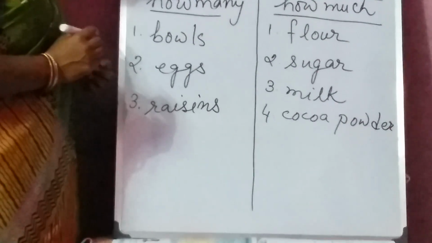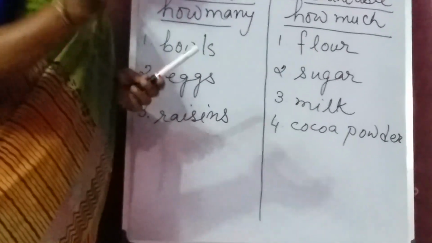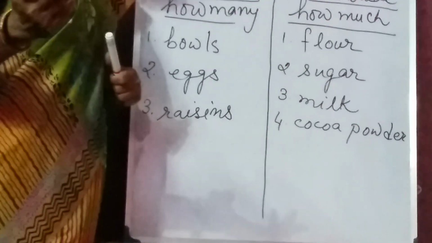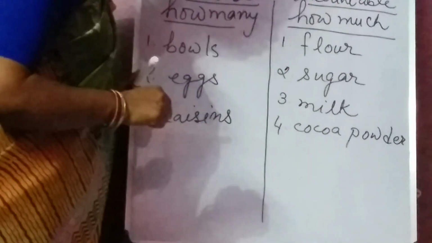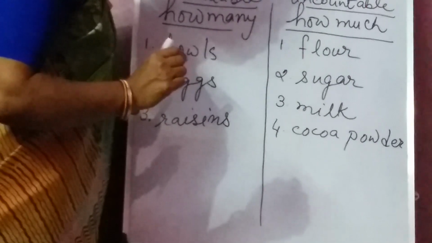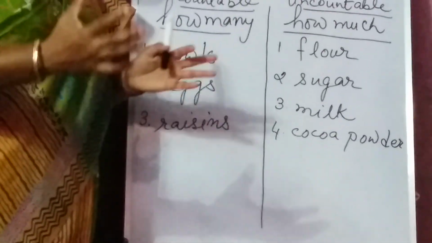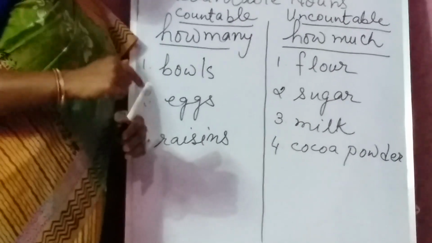Actually chocolate is used both as countable and uncountable. If it is countable, it means individual candies we are counting. You are buying some chocolates, 10 chocolates you are buying from the shop. It is countable.